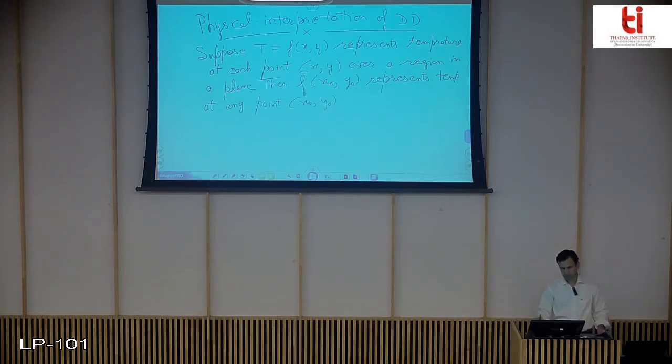Okay, so what we did, we take a function f(x, y), we take that it represents the temperature distribution at every point of some region in a plane. So f(x naught, y naught) will automatically represent the temperature at that point x naught y naught.